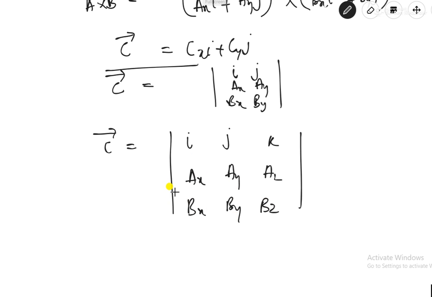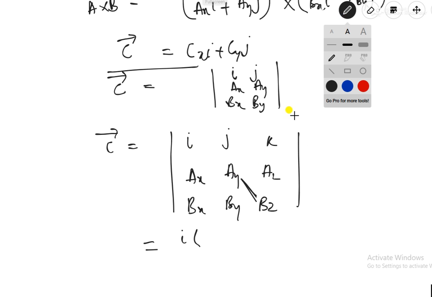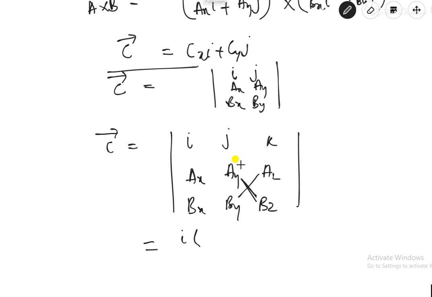So when I am taking I, you have to multiply I into these two, and these two give Ay Bz minus Az By.